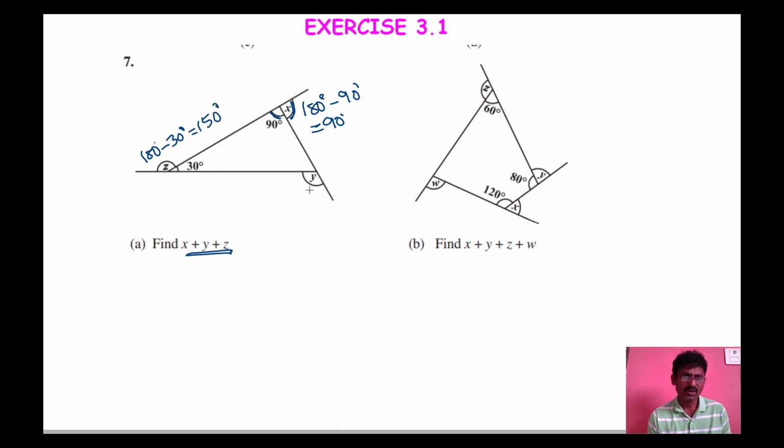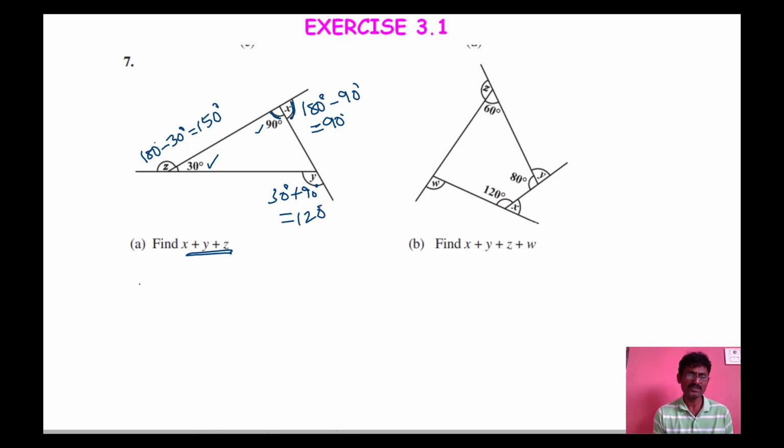Now, y, if you observe, y is the exterior angle in this triangle. Y will be equal to sum of opposite interior angles, that is 30 and 90. So, 30 plus 90, this is y, which is equal to 120.